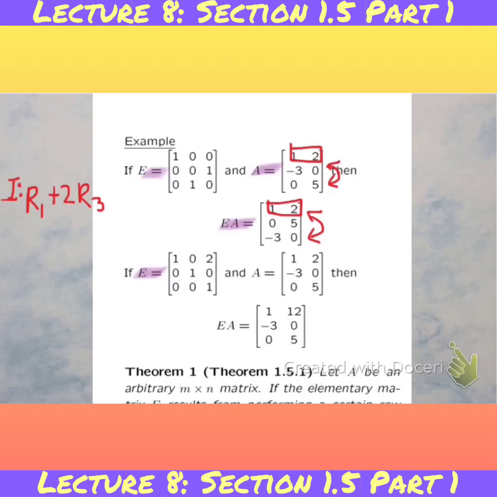Now comparing the two, we see that the last row of A is exactly the same as the last row of EA. The second row of A is exactly the same as the second row of EA. Now we see only the first row has changed going from A to EA.